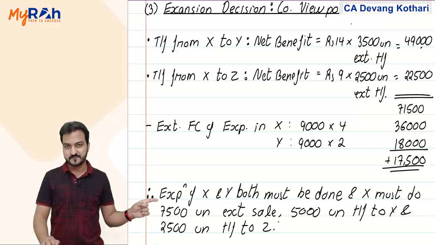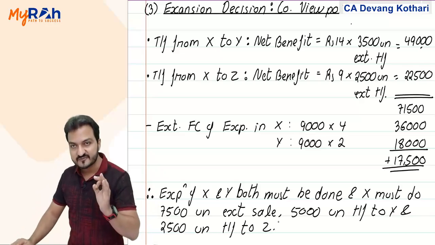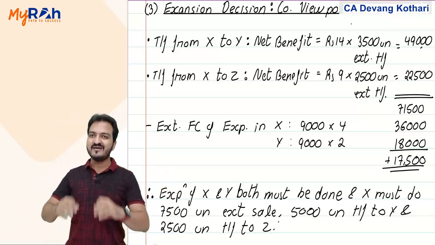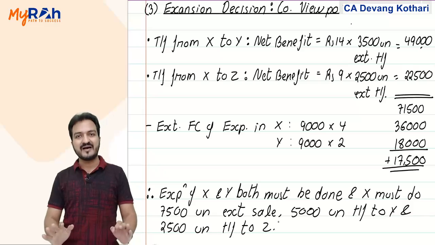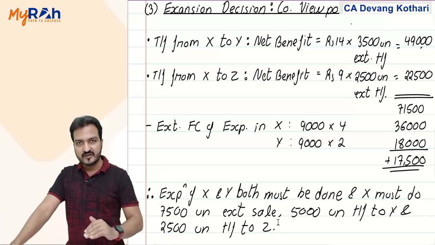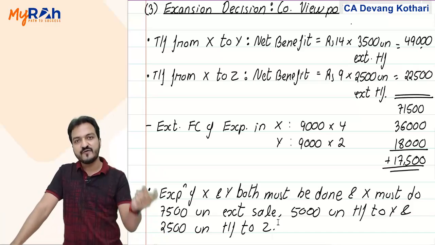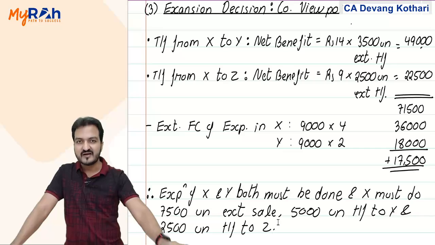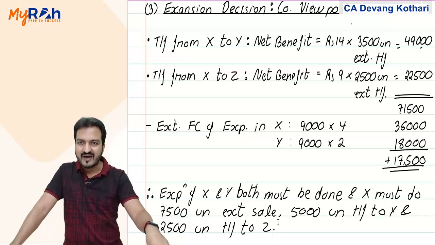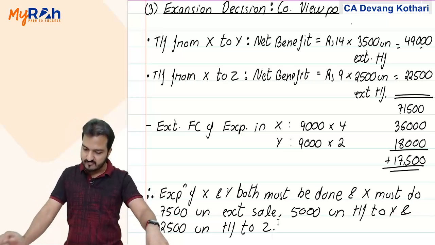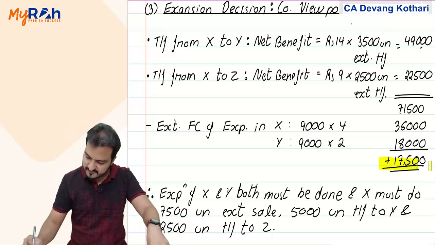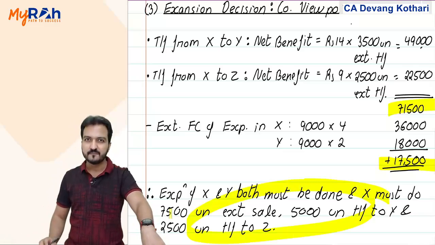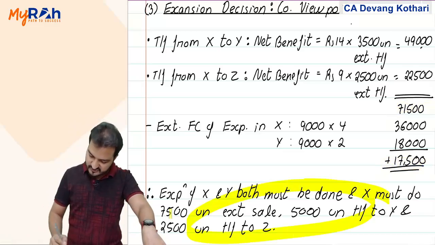Ultimately, no matter how you explain, your final decision will be that both the expansions should be done and X should operate at full capacity, fulfilling the entire external demand as well as transferring the remaining spare capacity to both the other divisions. It doesn't matter what kind of net benefit you explain, as long as your final decision is this. That is question 4C.